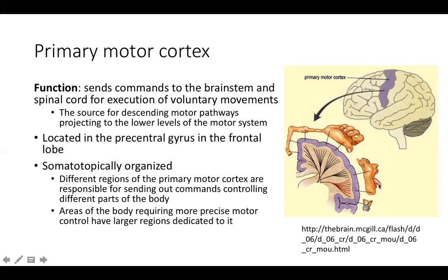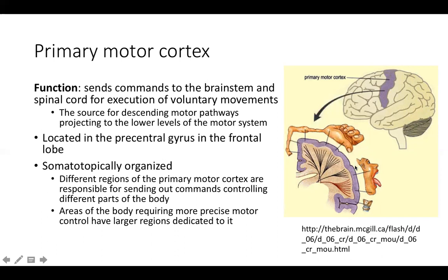And so, for example, you'll see that more laterally we have the face being represented, more medially we have the leg and the lower limbs being represented, and the hand being represented with a large area of that cortex.